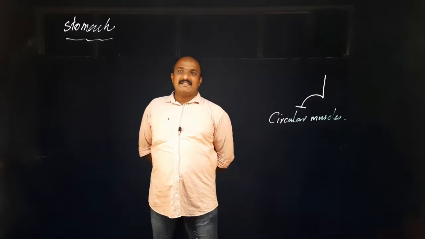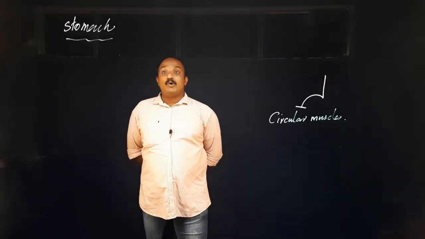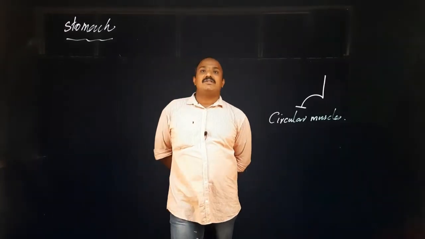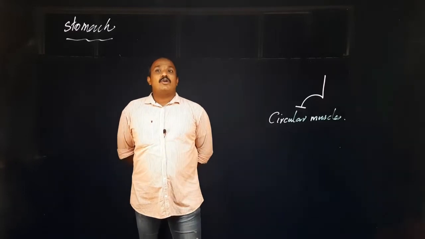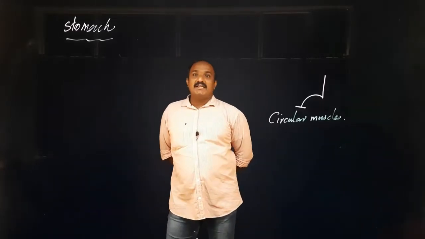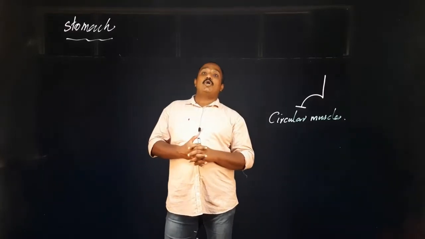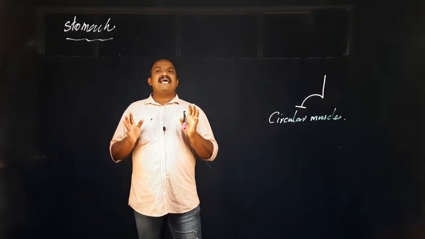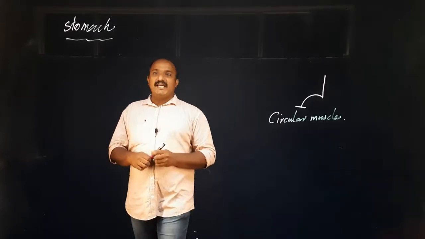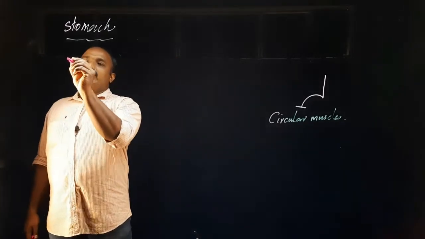Okay, so we can check what activities take place in the stomach. For digestion in the stomach, the muscles or inner walls of the stomach will produce some digestive juice. They are called gastric juice.